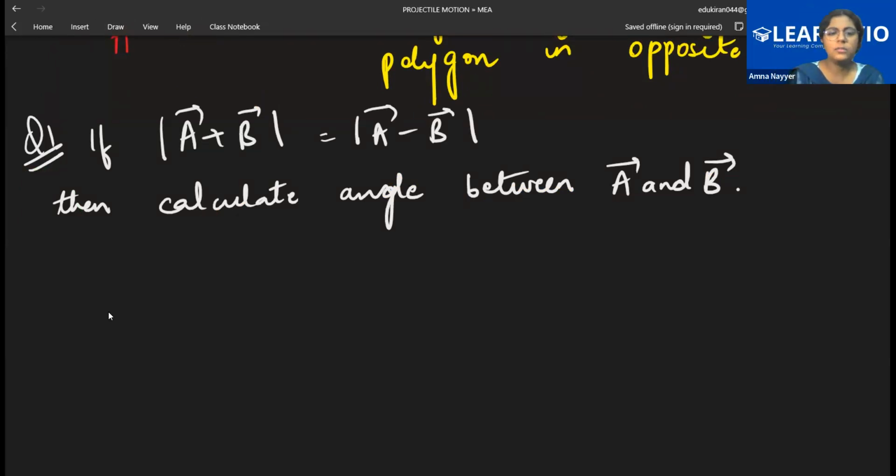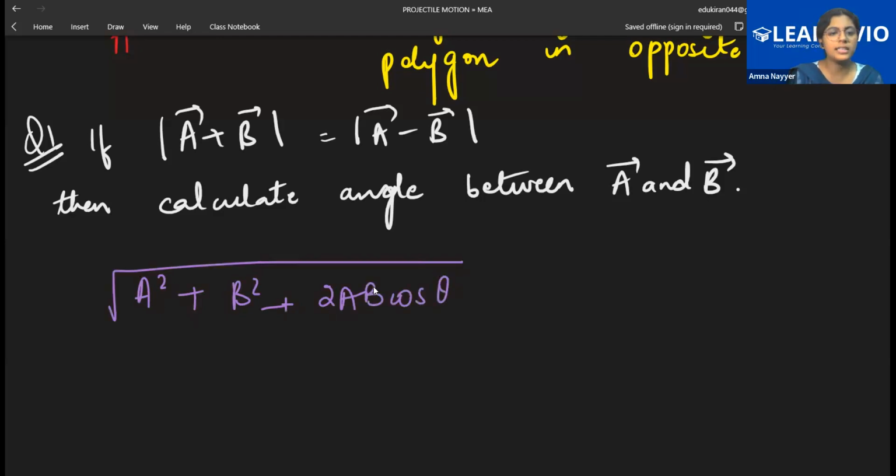That is, for the positive, we have under root A square plus B square plus 2AB cos theta. This is only how to calculate the magnitude, right? It is saying this is equal to under root A square plus B square minus 2AB cos theta.